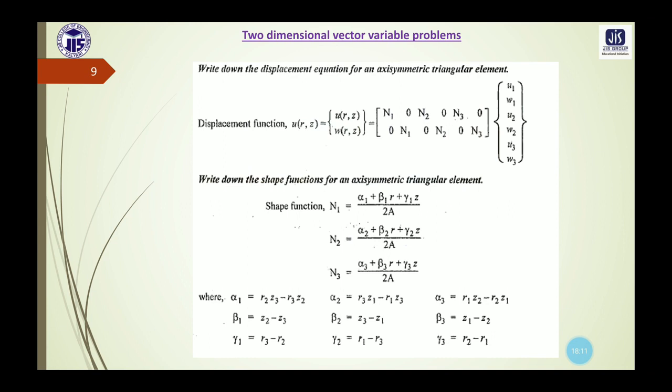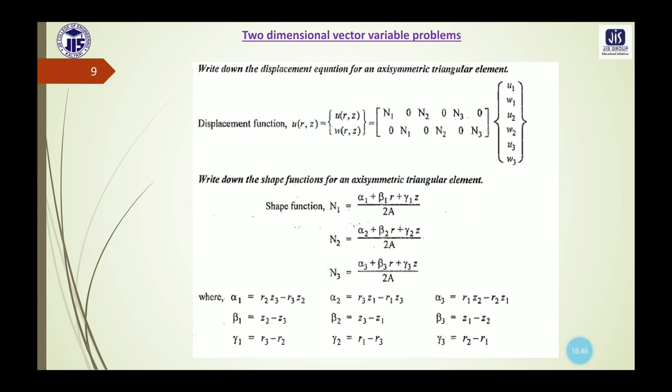Next, the question is to write the shape functions for an axisymmetric triangular element. These are the formulas for the shape functions: N1 is (alpha 1 plus beta 1 r plus gamma 1 z) by 2A. Then N2 is (alpha 2 plus beta 2 r plus gamma 2 z) by 2A. And N3 is (alpha 3 plus beta 3 r plus gamma 3 z) by 2A. The formulas for alpha 1, beta 1, gamma 1, alpha 2, beta 2, gamma 2 and alpha 3, beta 3, gamma 3 are written here.